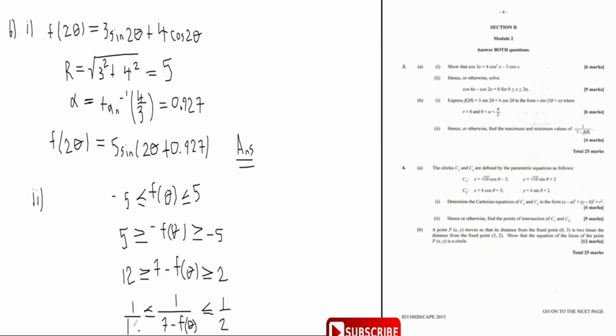And so what can we conclude? We can conclude that the maximum is going to be a half and the minimum is 1 over 12.